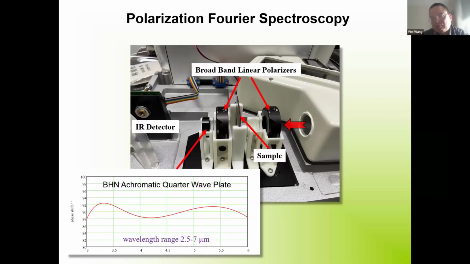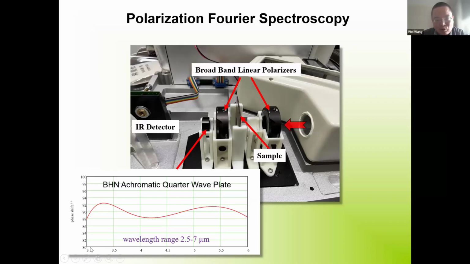As you know, for broadband light, usually the quarter wave plate does not work, meaning that achieving circular polarization is not easy. So we particularly ordered a chromatic quarter wave plate from a German company.